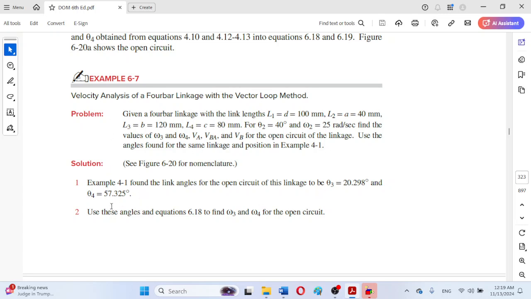From the position analysis, we are familiar from chapter number 4, example 4-1, that for the open circuit, theta 3 and theta 4 are given as shown. These terms have already been explained.